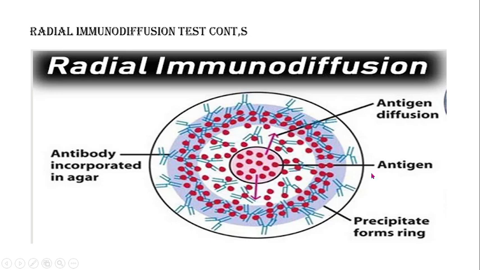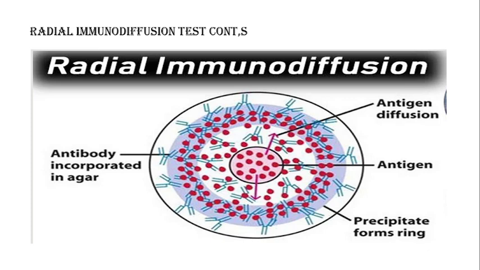If there is an addition of the antigen, there will be an interaction between the antigen and the antibodies. Once the antigen interacts with the antibodies, there will be formation of a precipitate. This means that the antigen will diffuse, and the formation of antigen-antibody complexes will result in the formation of the ring. So this ring indicates that there is an interaction between the antibodies and the antigen.